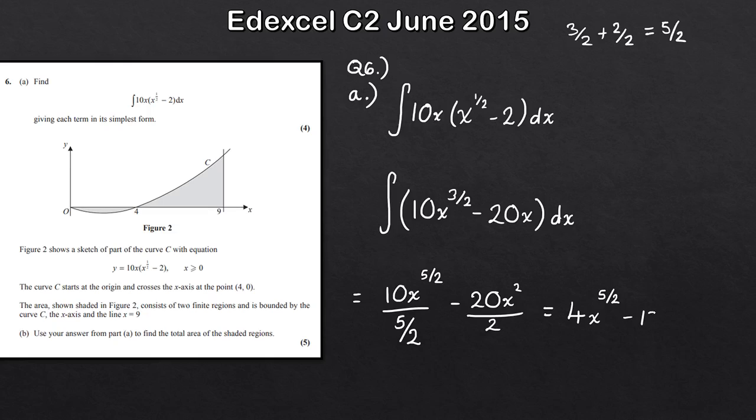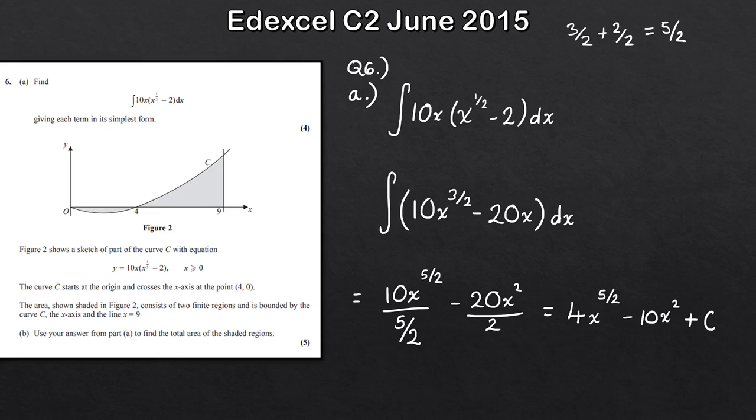So that's minus 10x squared. Okay. And that's it. Pretty much, we're just missing one thing, and hopefully you've also noticed it. Because we have no limits on the integral here, we need our plus c, our constant of integration. Don't forget that. If you do, you're going to lose a mark. So that's question 6, part A there.